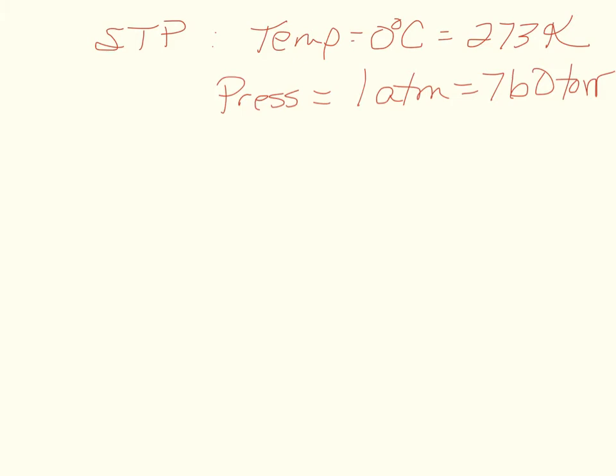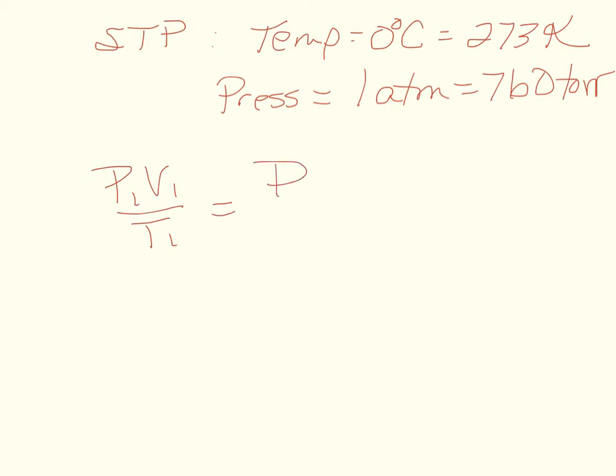Now, since the gas was collected over water under different conditions than STP, anytime conditions change in a gas, you need to use the combined gas law. So I'm just going to go ahead and write that.